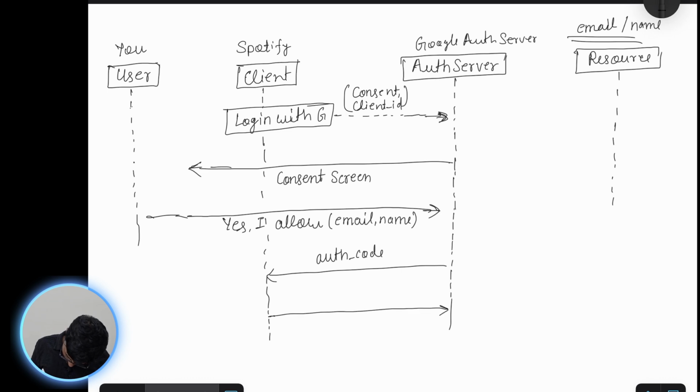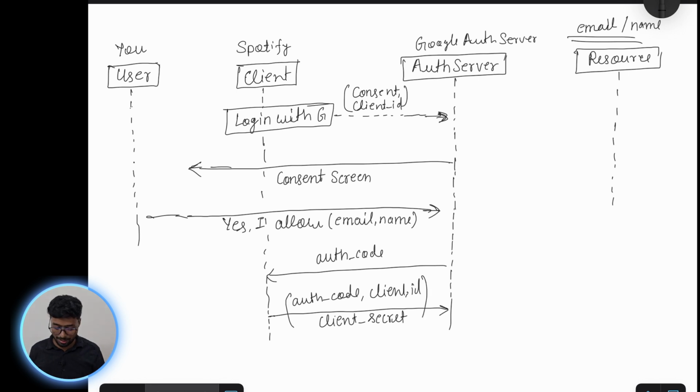So Spotify will use this auth code and also share the client ID, and there is one more thing, that is the client secret. Anyone who has implemented OAuth will know that whenever you need to implement something like login with Google on your website, you will need to register with Google, and Google will provide you a client ID and client secret.